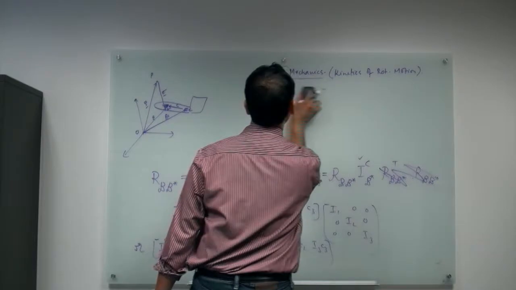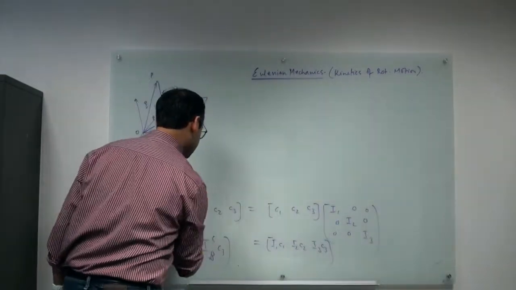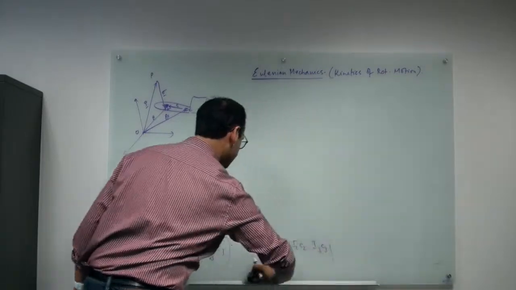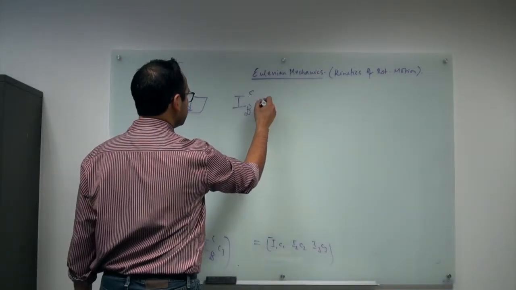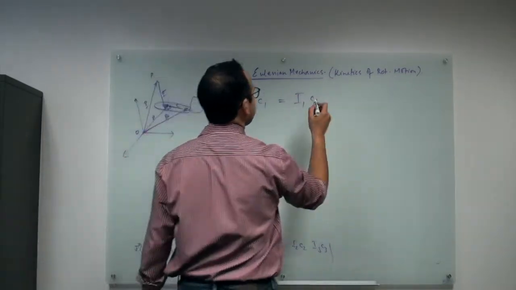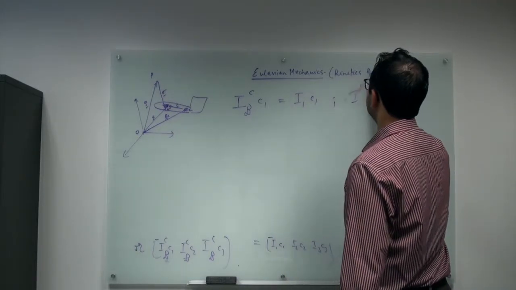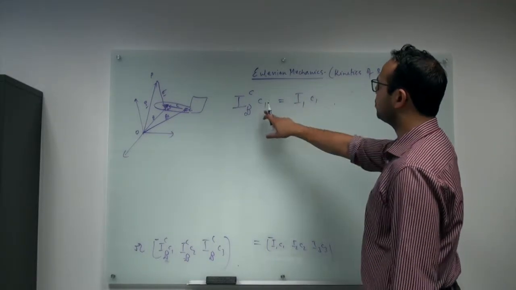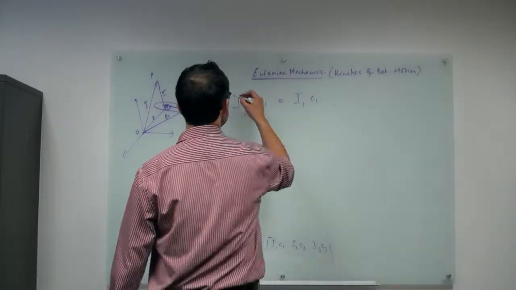We're trying to solve for C1, C2, and C3. So comparing the columns, let's just look at one equation. The same equation should hold for 2 and 3 as well. Right? So this is a known matrix.